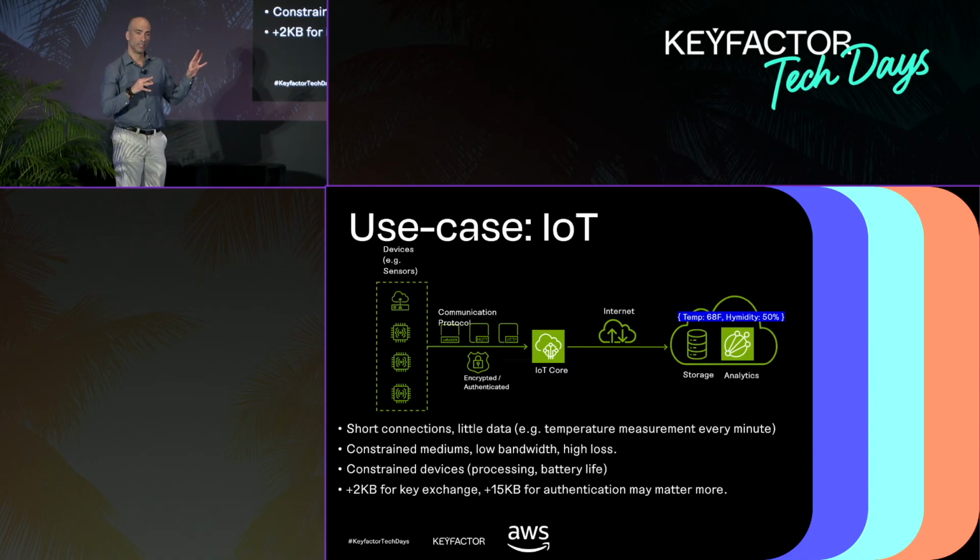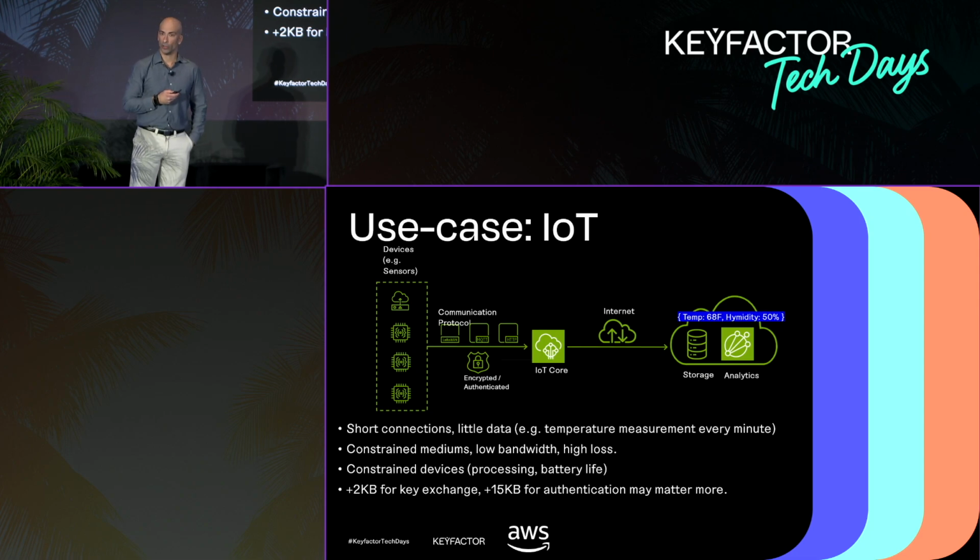The point is that if you have a constrained type of application where bandwidth is scarce and the connections transfer little chunks of data and close down, these use cases will suffer more, because there the 10 or 15 extra kilobytes have an impact. So that's an example of a use case that suffers from the new algorithms.